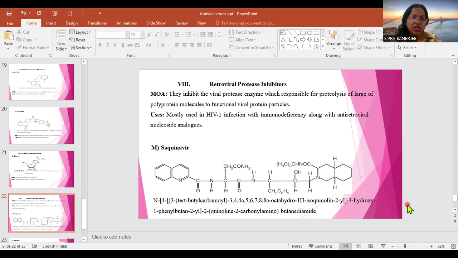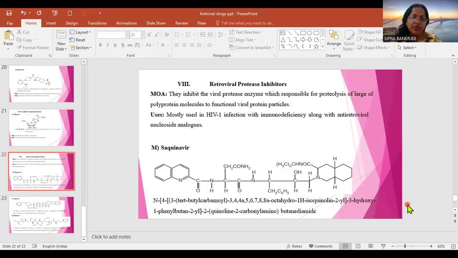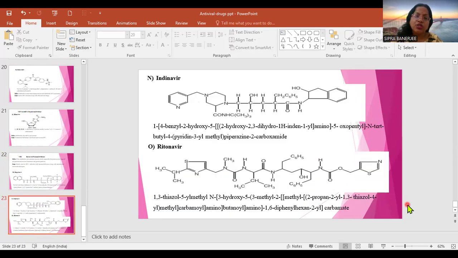Retroviral protease inhibitors are there: saquinavir, having a larger chain, indinavir and ritonavir, which are also larger chain structures. So you can remember the names, or you can write the structures, or you have to practice. So up to this I am completing here. Thank you everyone.